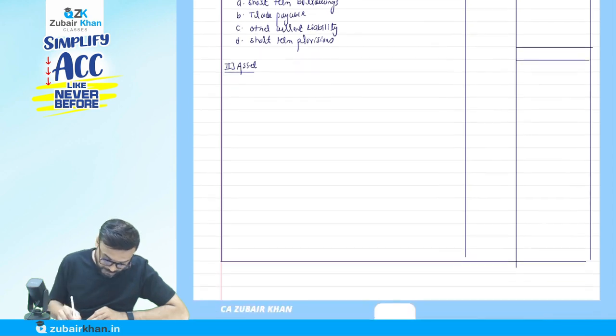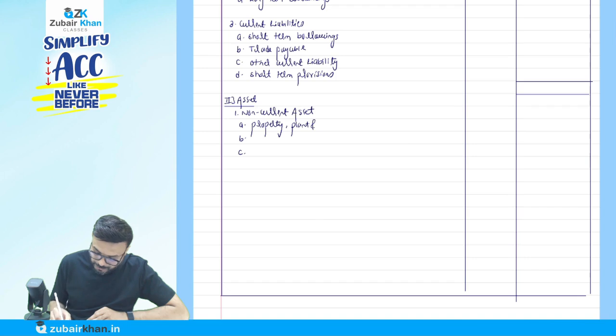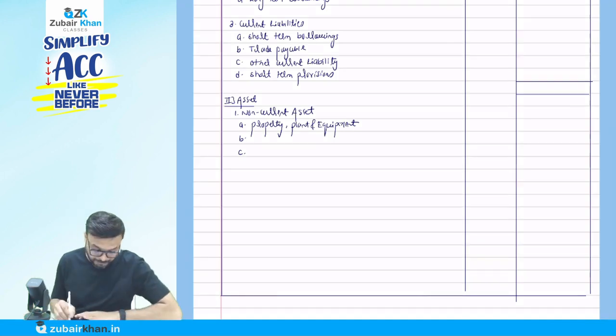In assets here, write down non-current assets. Property, plant and equipment. Okay, property, plant and equipment.